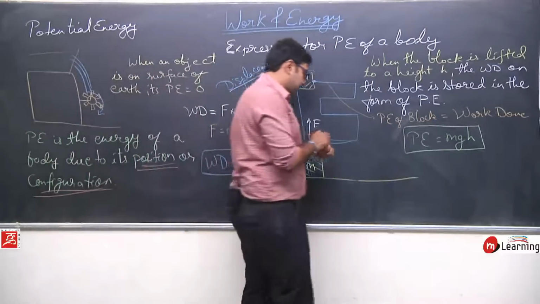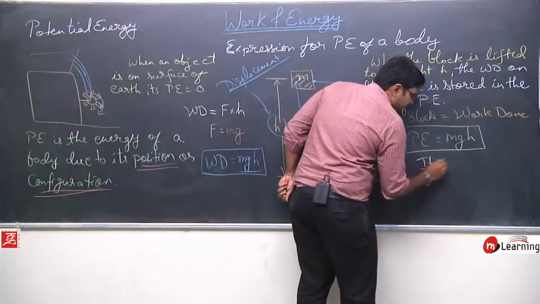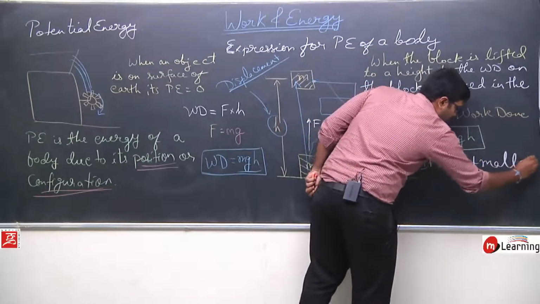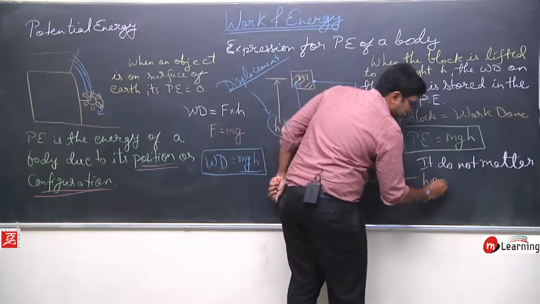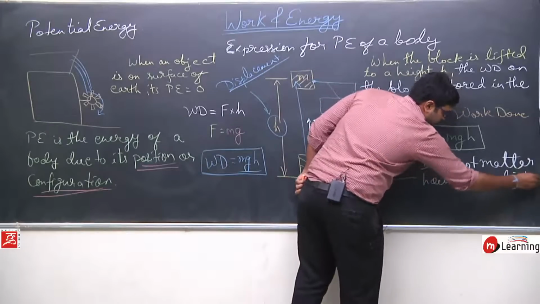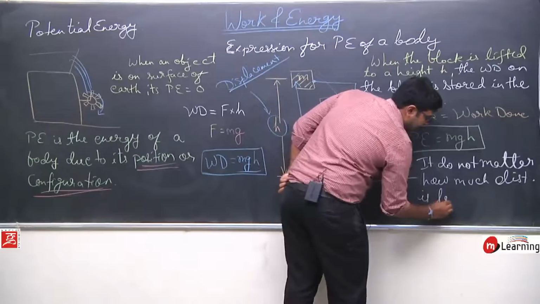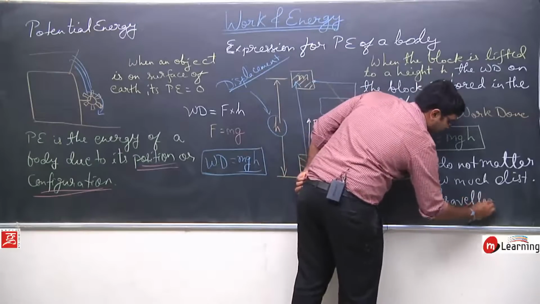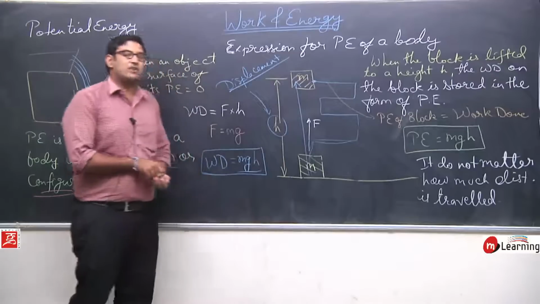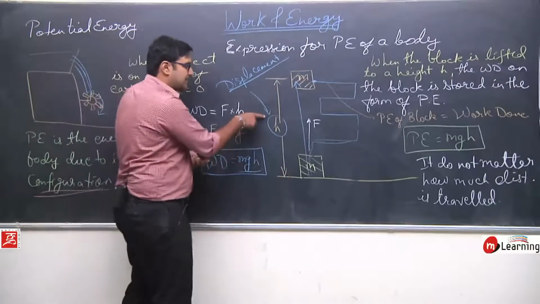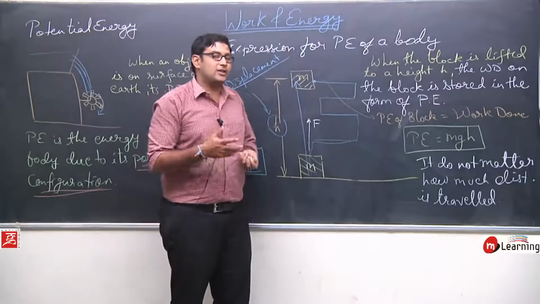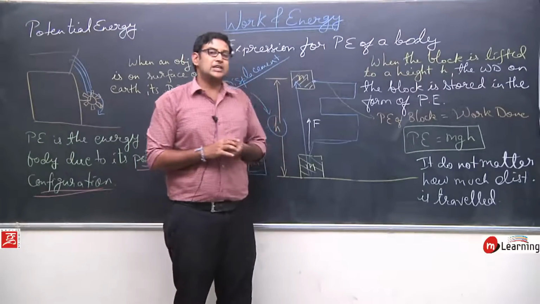So we will say it does not matter how much distance is travelled, because this h represents the displacement. You just need to take into account the displacement of the block from its initial position.